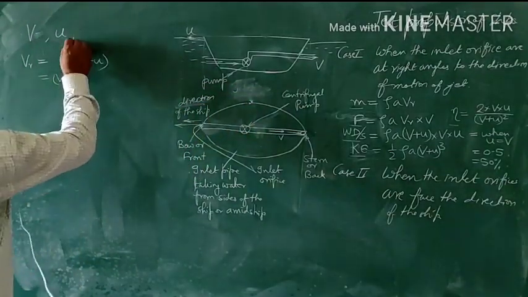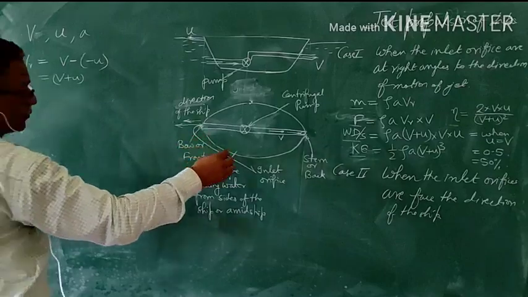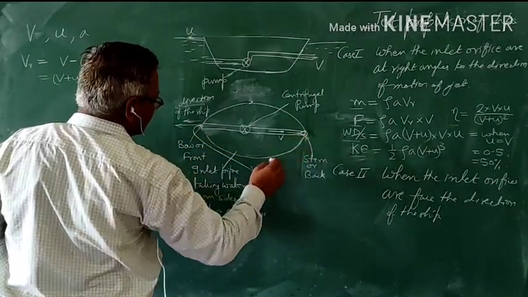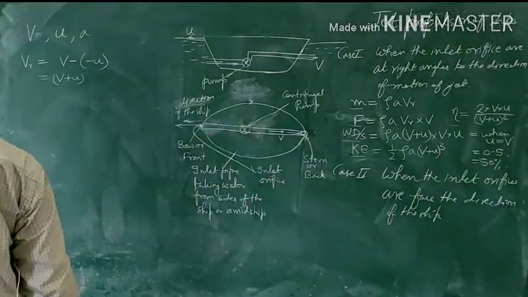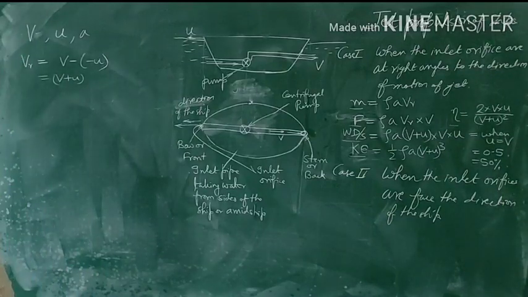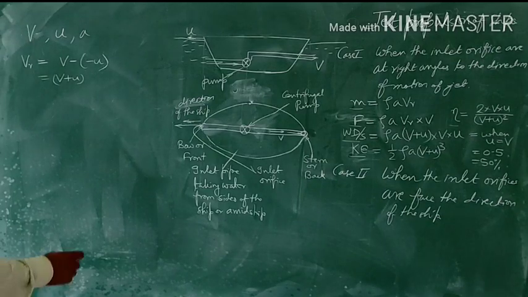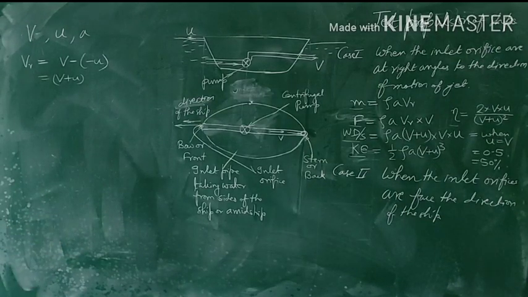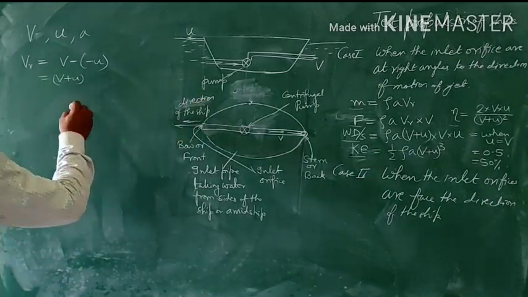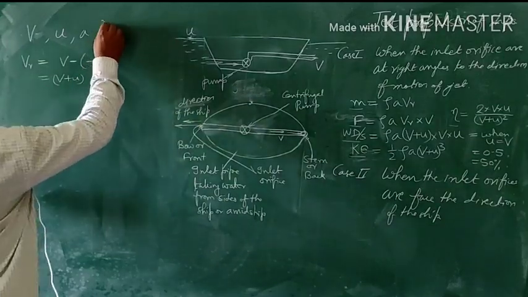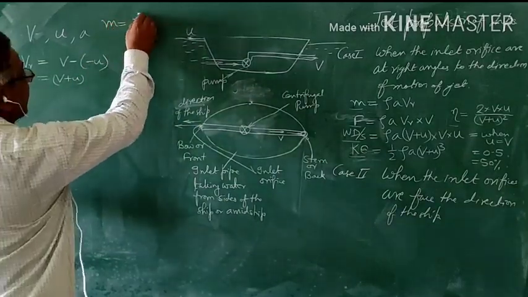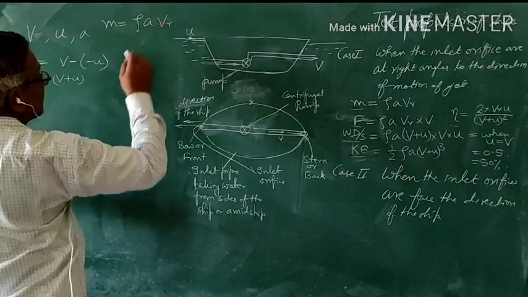Now the area: we have taken A as the area of the orifice at the exit point from which the jet is going out. So the mass flow rate will be the same as we have taken in the earlier case, rho A Vr.